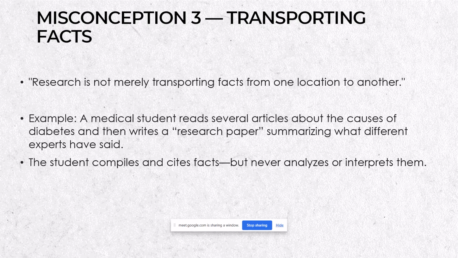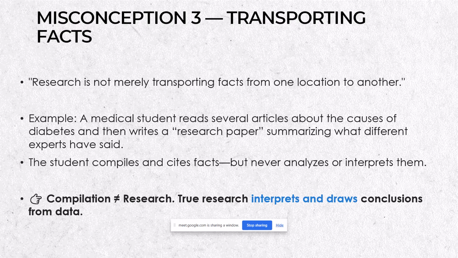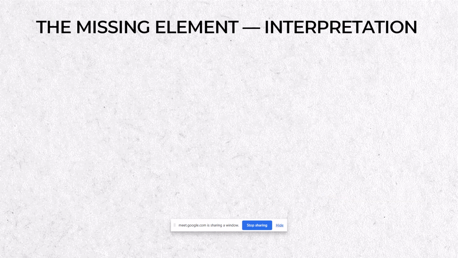is the analysis and interpretation. That you will have to do. You will have to analyze the findings of those researchers and interpret them based maybe on new findings or new methods or maybe new technologies. That means that compilation is different from research. In true research, we have to interpret and draw out conclusions from data.